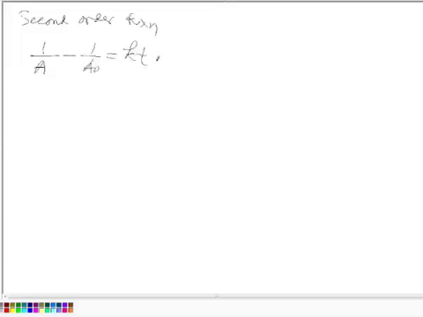Just put it in here, meaning that this is half A0, okay, that one equal to kt, like that.